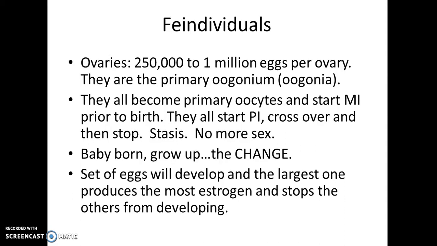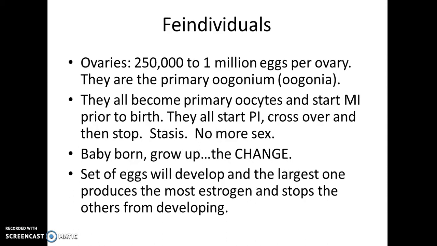So they all become primary oocytes at the same time. They start meiosis 1 before you're even born. You go through prophase 1, you cross over, and then they stop. The eggs stop and they stay in stasis. There's no more sex at all. All the sex happens before you're born, in all 500,000 primary oogonia.